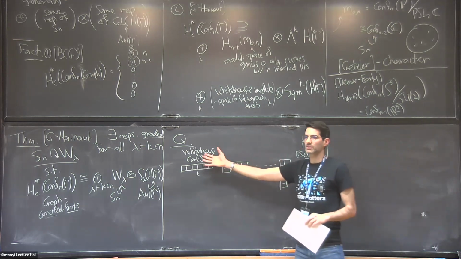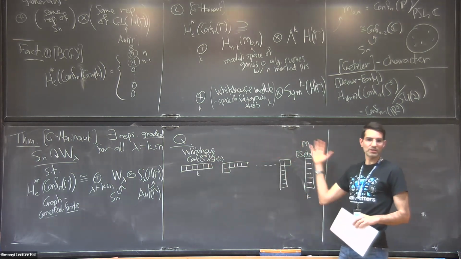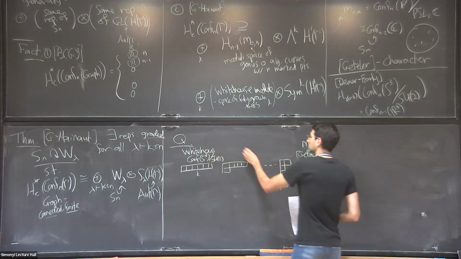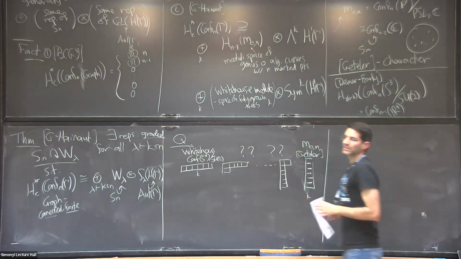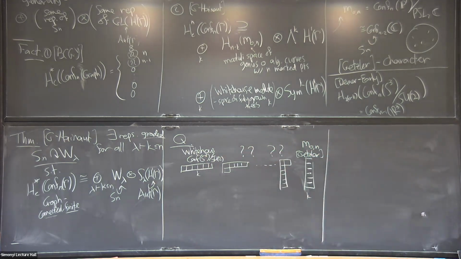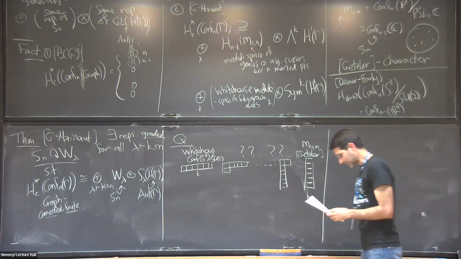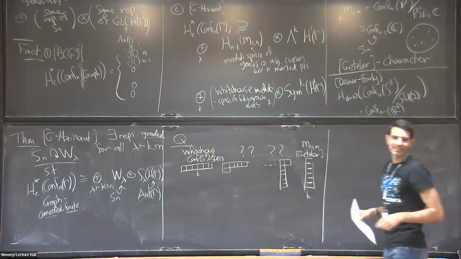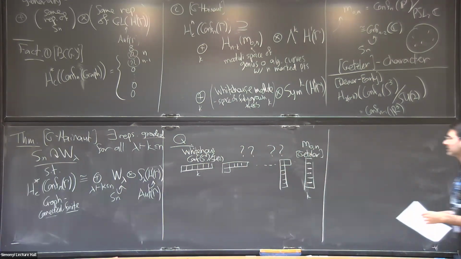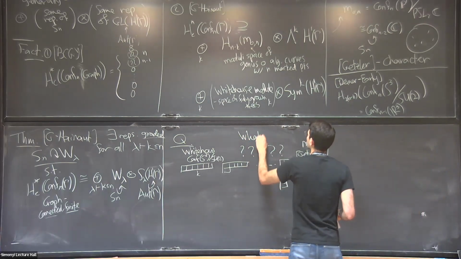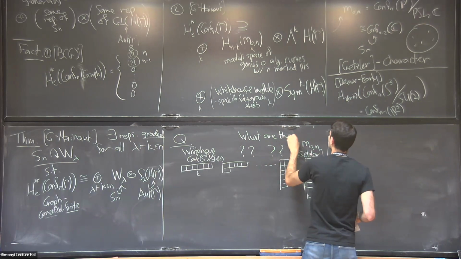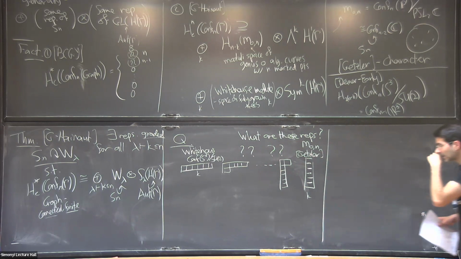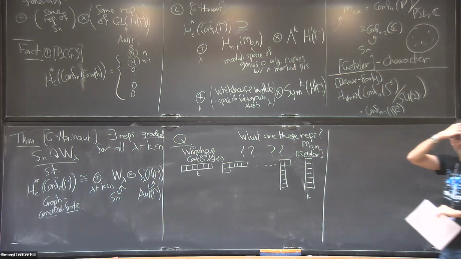So these are two things that people already thought of as somehow related to each other. But now there's a continuum of representations between them, one for each partition. And we don't know what they are. So here's the question mark: what are these representations that interpolate between these two sides?